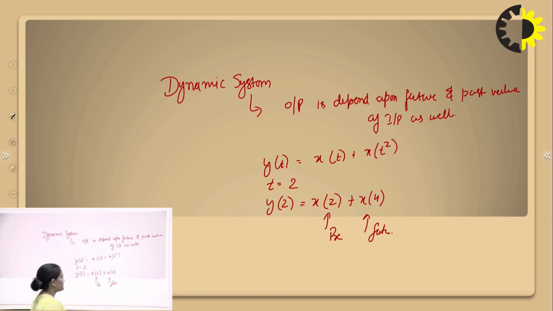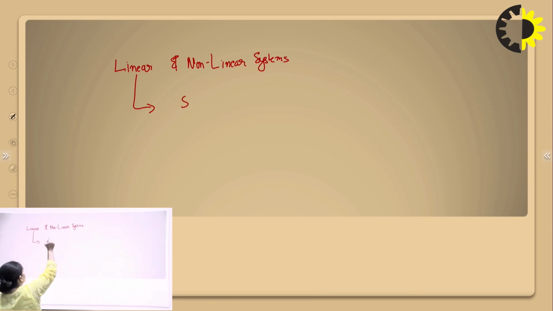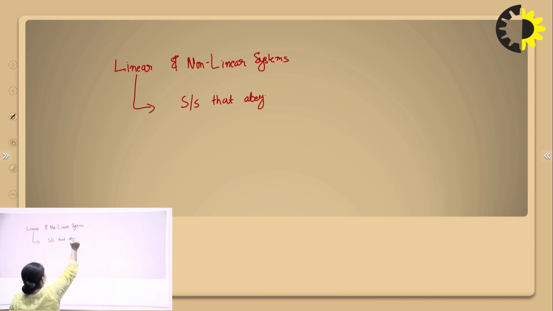Okay, moving to the next part, we have linear and non-linear systems. Very important systems: linear and non-linear. What are linear systems? Systems that obey the superposition principle.